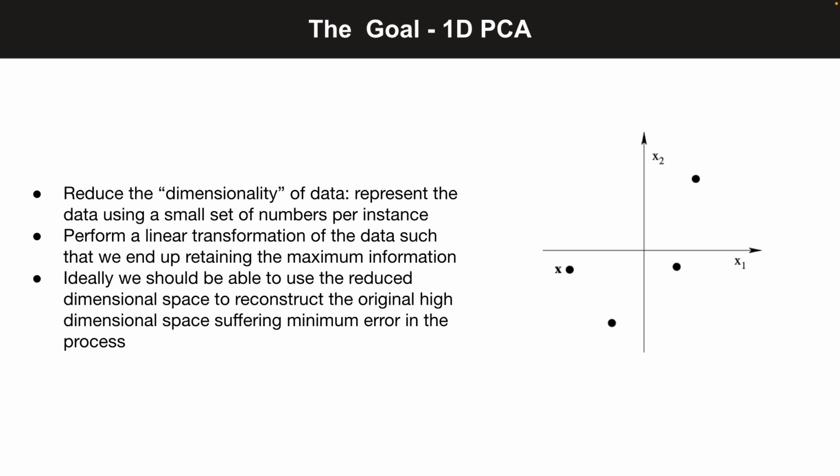I know I'll not be able to do this 100%, but I want to retain the originality of the original points as much as I can. When you go from this back to 2D, I want my reconstruction error.